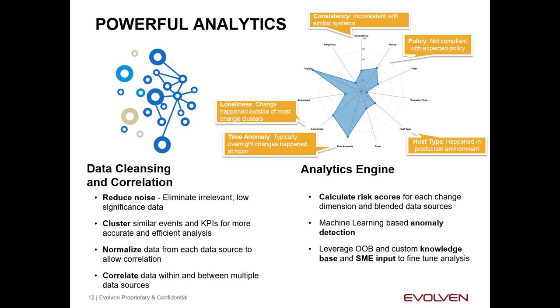Now, in addition to that, we analyze changes themselves based on both our knowledge base and other things that we can either calculate or learn. So, for example, if we see a change that's inconsistent with similar systems, that's very interesting, and we'll score that high. If we see something that's breaking a policy that a user has defined, that is absolutely more interesting than one change that doesn't break a policy.